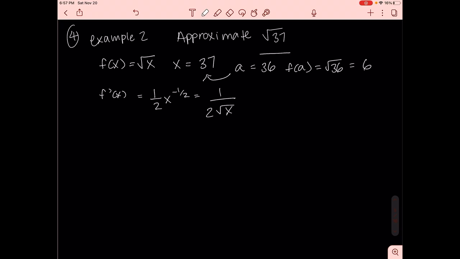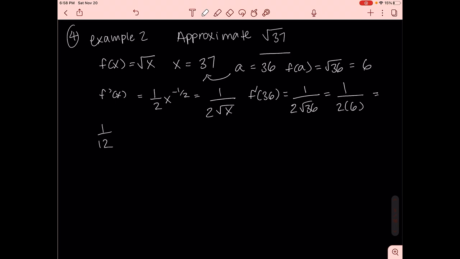And so now if we plug in 36, so we plug in a, we get 1 over 2 times the square root of 36, which is 1 over 12. Sorry about that. That should be f prime of 36. Okay. So now we have f of a, f prime of a, and a.